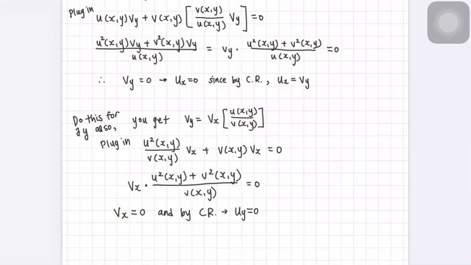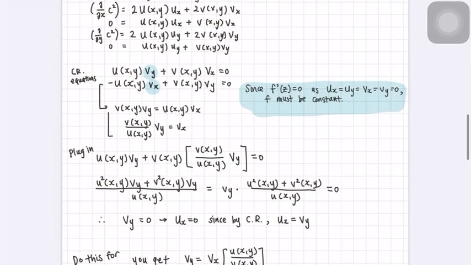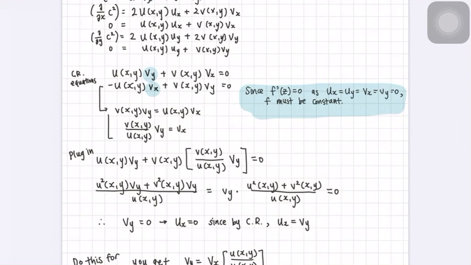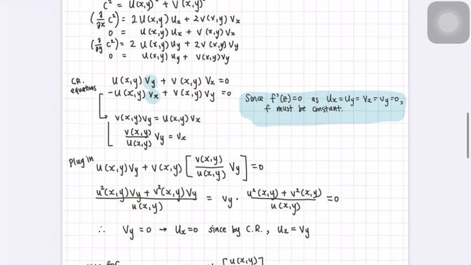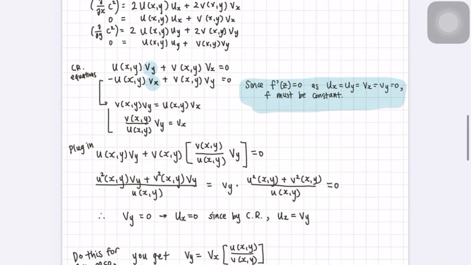Or you can just plug this value of vy equals 0 and ux equals 0 into this equation that we isolated, where vx equals v over u times vy. You'll get the same thing.